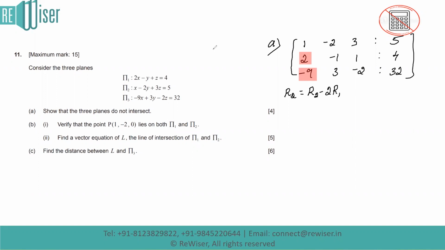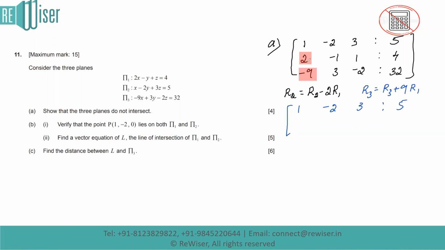And for row 3, I'm going to use the row operation row 3 equals row 3 plus 9 times row 1. If I do that, these two positions will become 0. The first row remains unchanged.